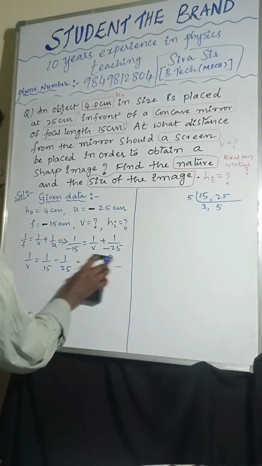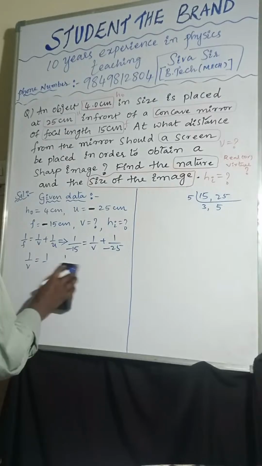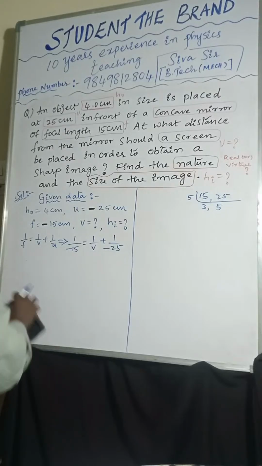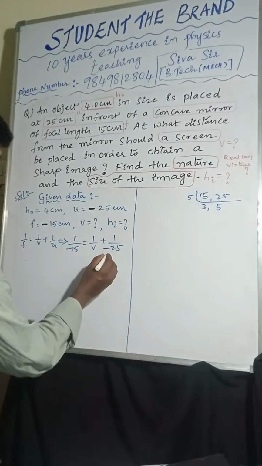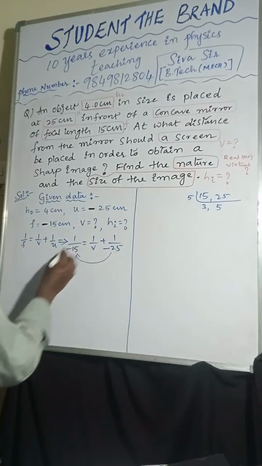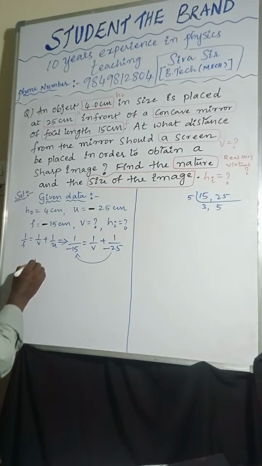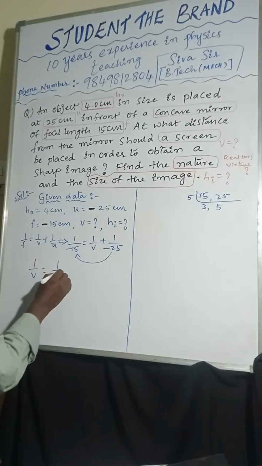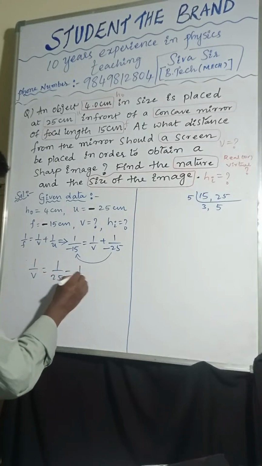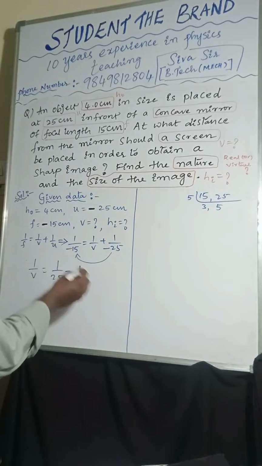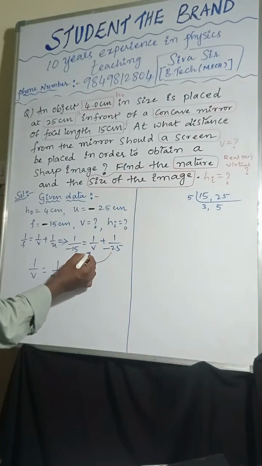See here, you need to understand one thing. This value we are taking to this side, and this value to this side. So 1 by v equals 1 by 25 minus 1 by 15. Same thing only, but here this value is going because we need to find the v value.